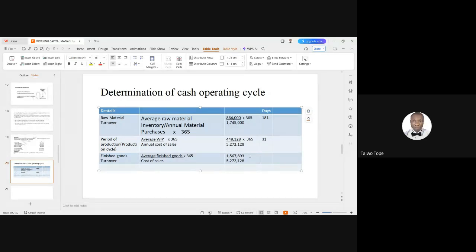You multiply that by 365 and the days will be what? Are you with your calculators? 109 days. All right, fine. It's approximate.